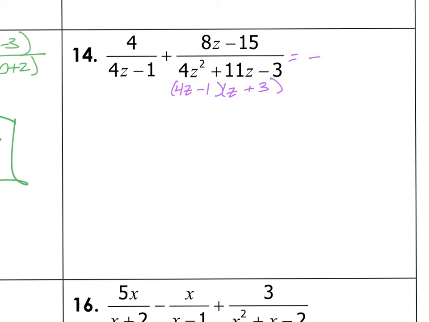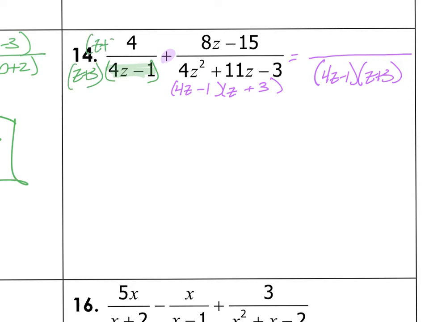So my common denominator, I know for sure I need both 4z minus 1 and z plus 3. We are going to be adding again. So what does this denominator need? Well, this one needs a z plus 3. And what does this one need?